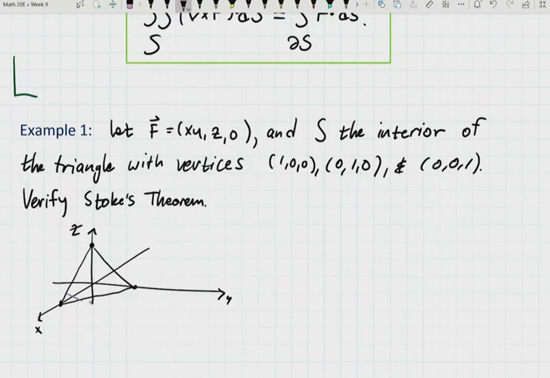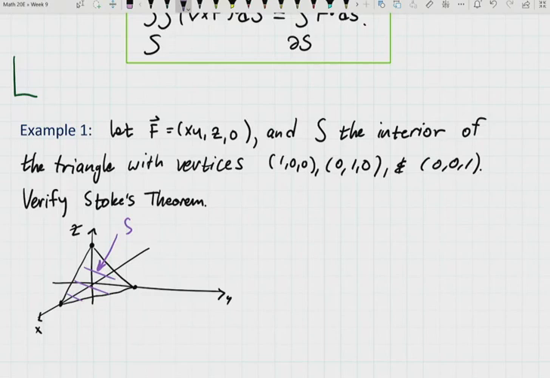So there's S, my triangle. Now, S can be viewed as a graph.